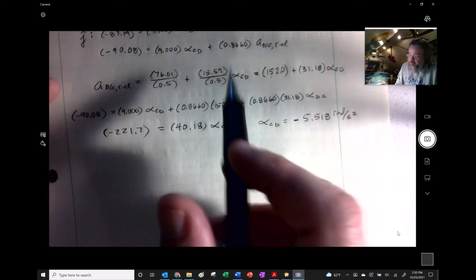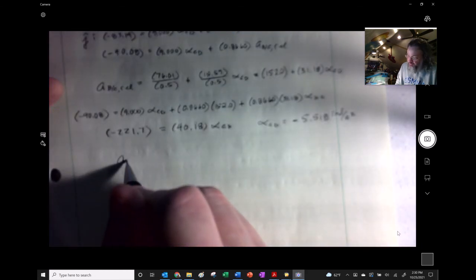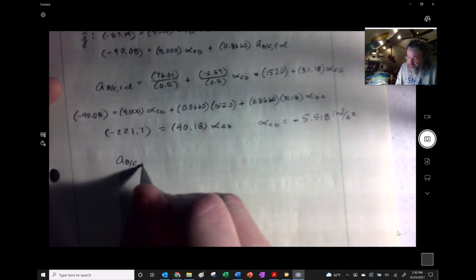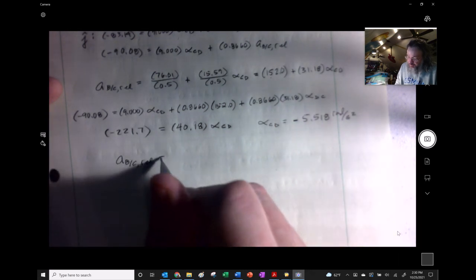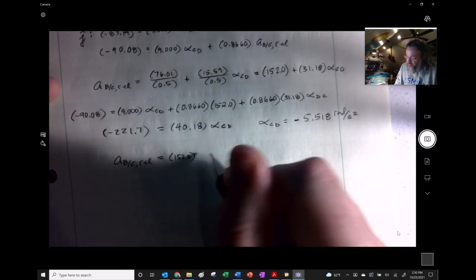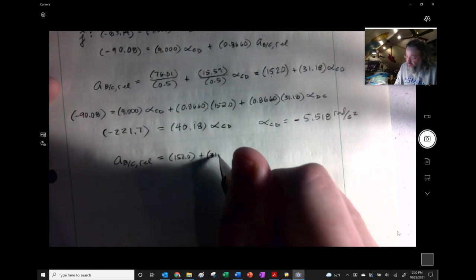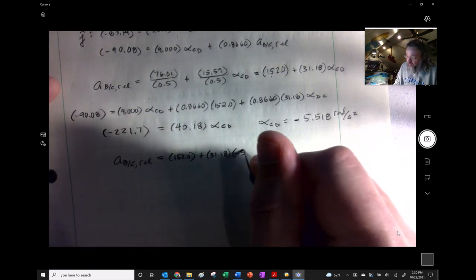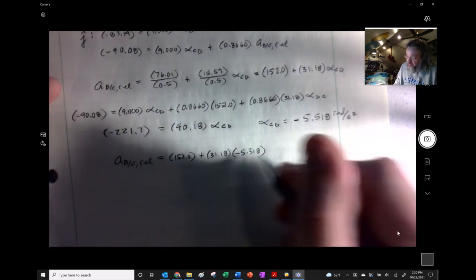We should find the relative acceleration. So let's take the relative acceleration. This guy right here, b with respect to c, rel, is going to be equal to our 152.0 plus 31.18 times our negative 5.518.